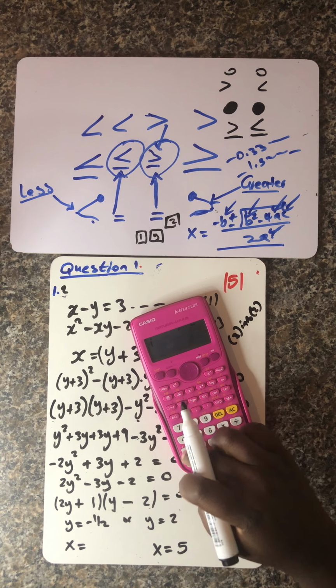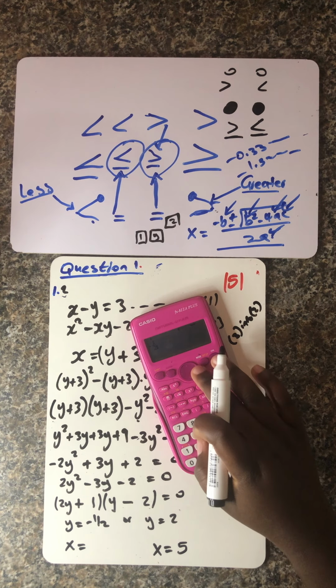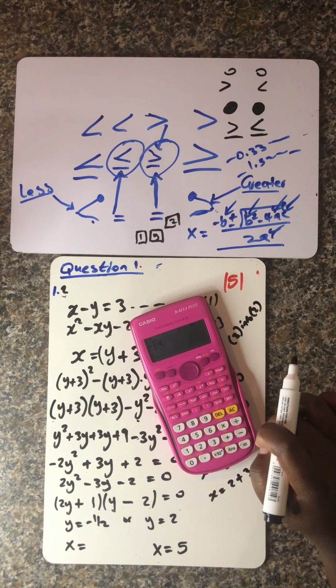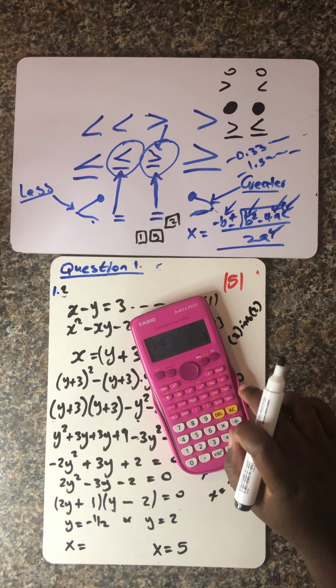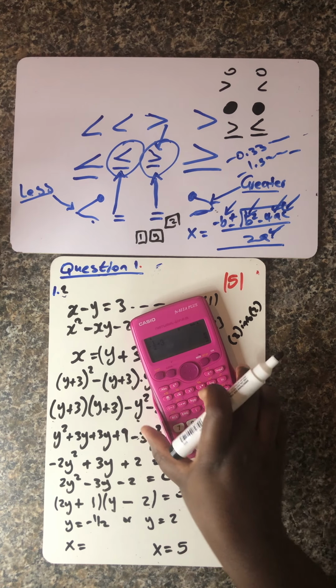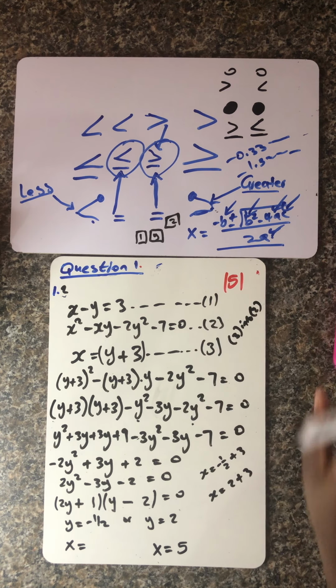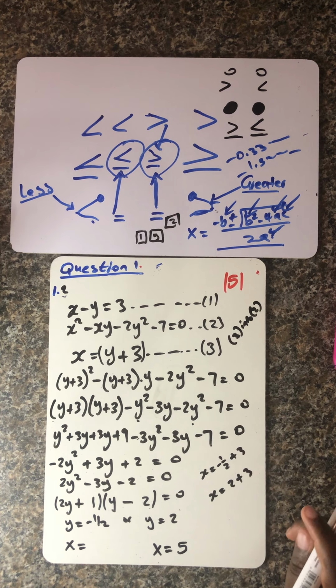So negative 1 over 2 plus 3 is equal to 5 over 2. Very much important, ladies and gentlemen. It's 5 over 2. So guys, for you to do all of this, you deserve full 5 marks.